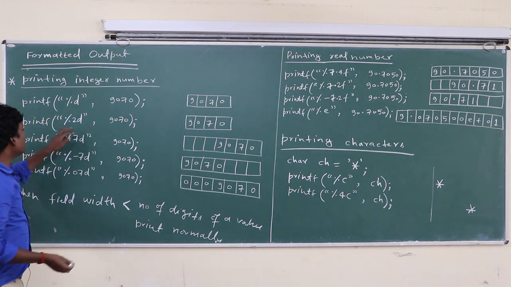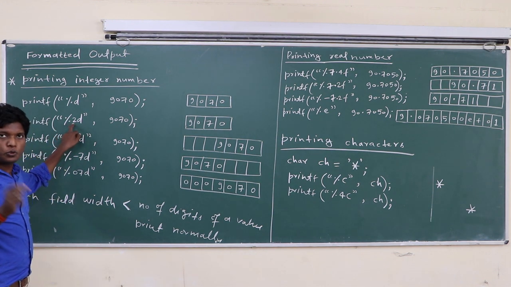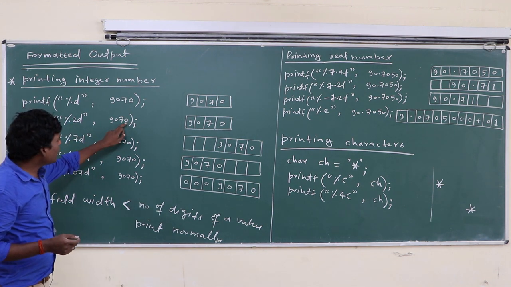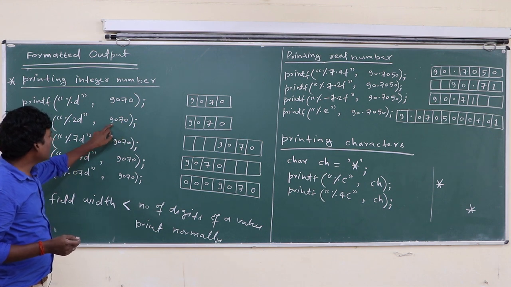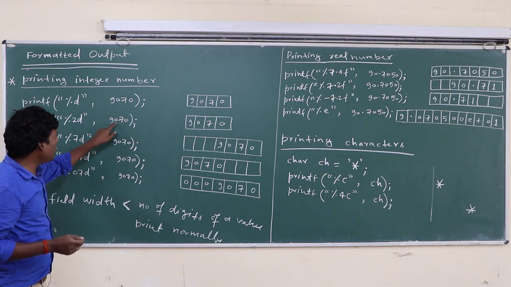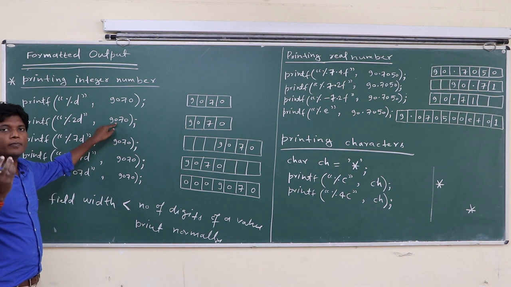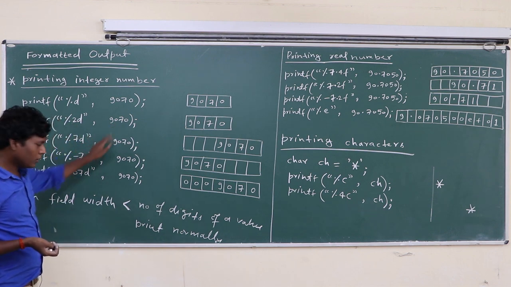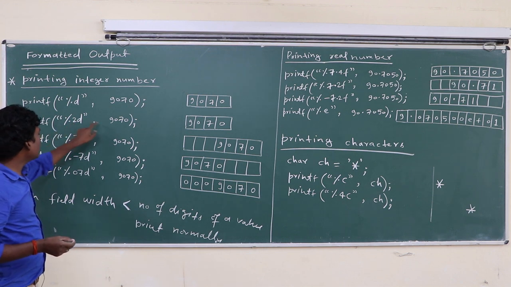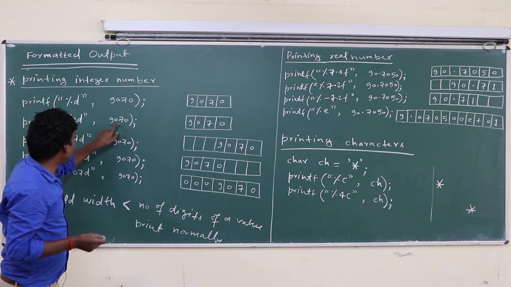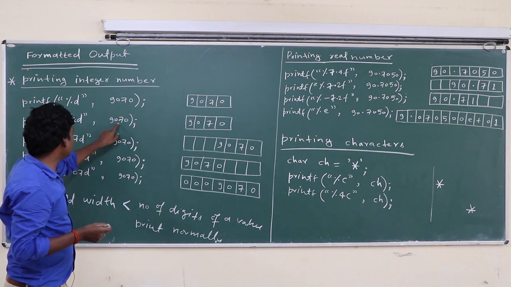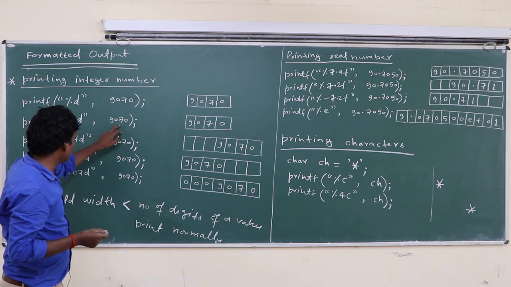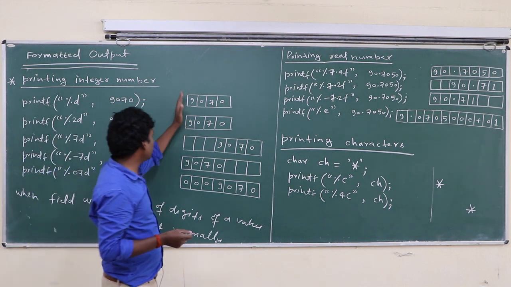Here, class, the field width is 2 and the number of digits is 4. The value 9070 has 4 digits. So 2 is less than 4. 2 is the field width and the value has 4 digits, so in this case it will be printed normally.